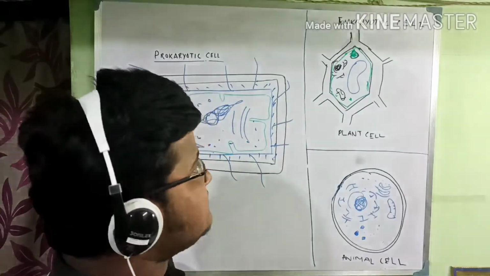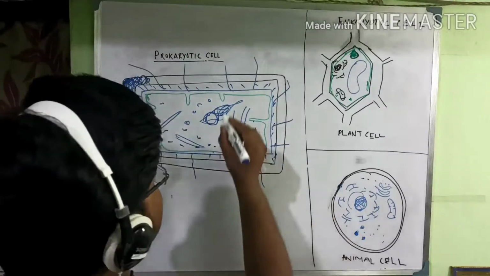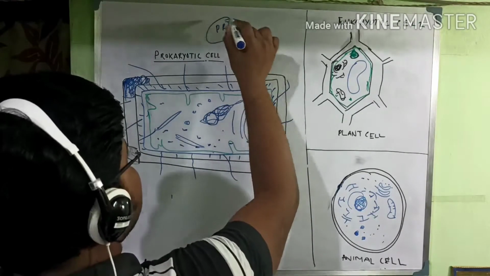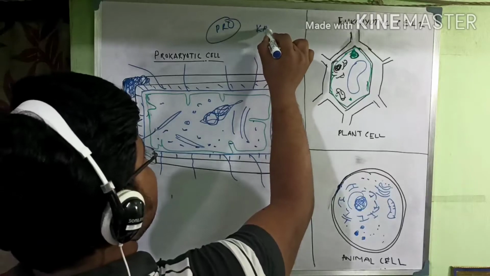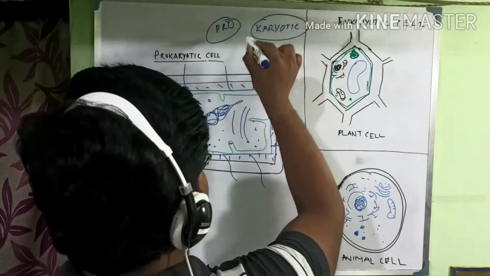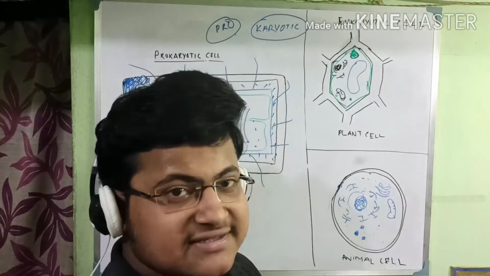What does it mean? If I divide these terms into syllables, that is pro and karyotic. What does it mean?